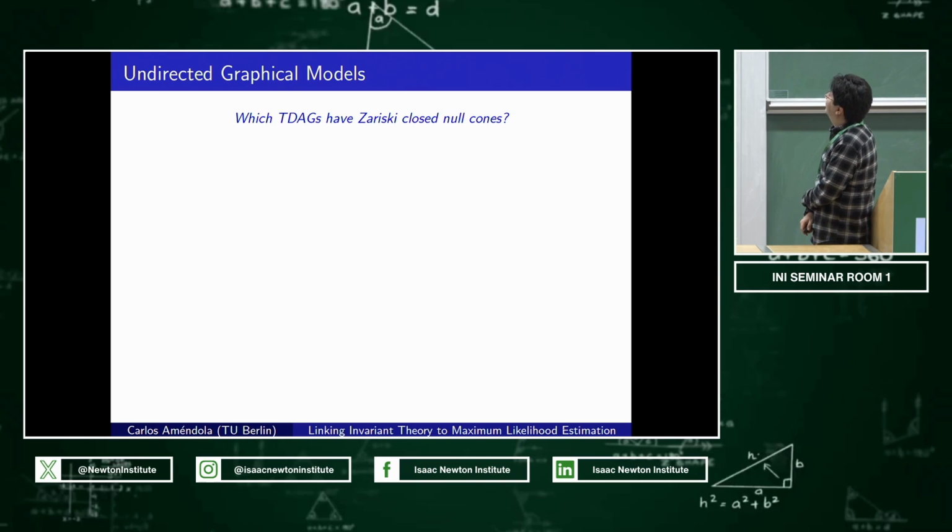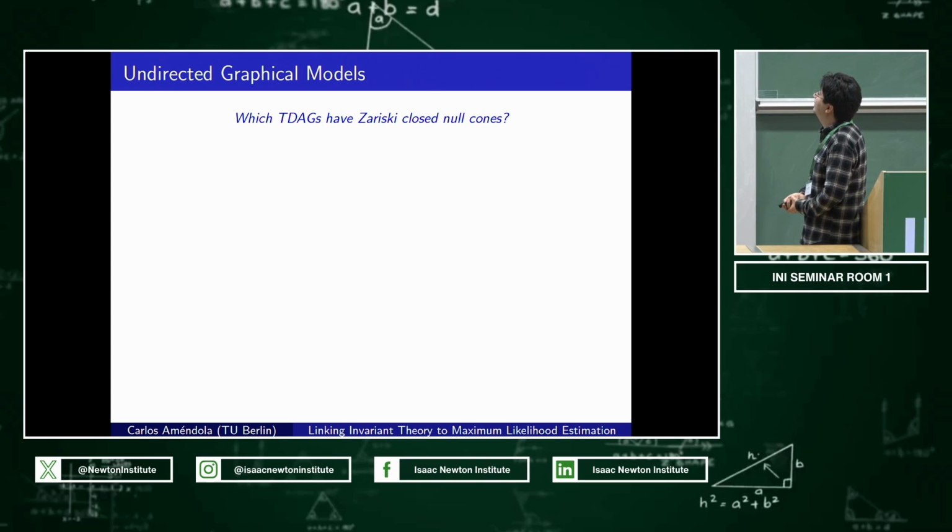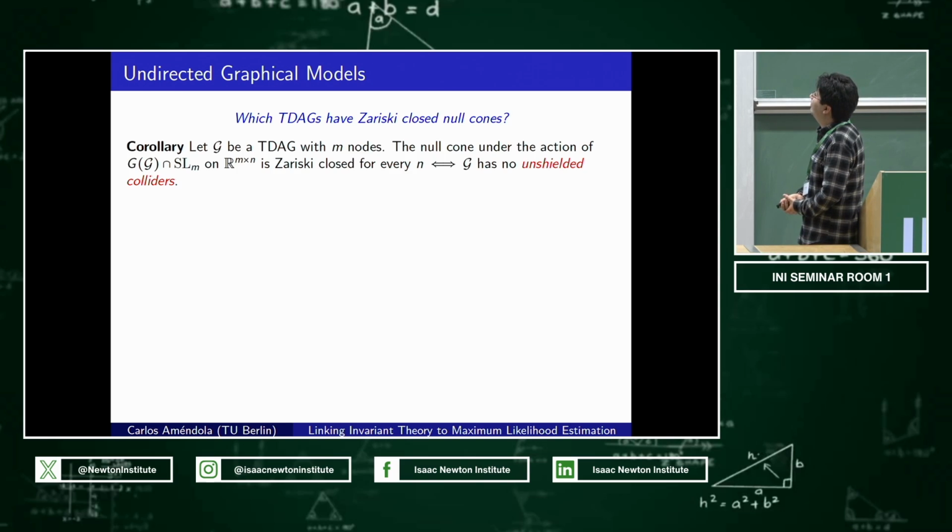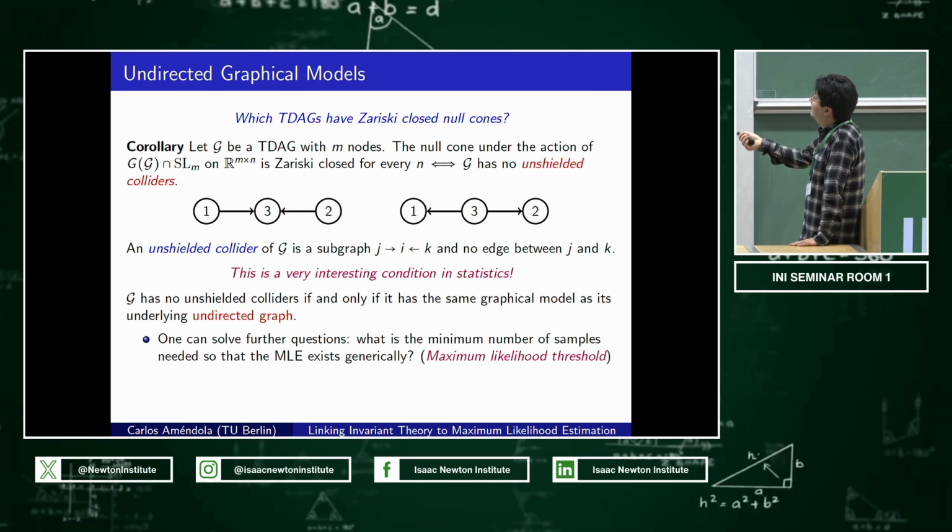And so the question is, which DAGs have Zariski closed null cones? It turns out the answer is, if and only if the graph G has no unshielded colliders. What do I mean by that? This is an example of precisely an unshielded collider.